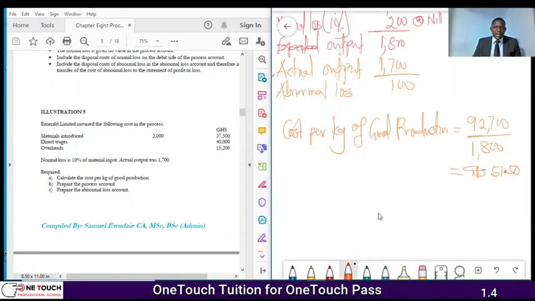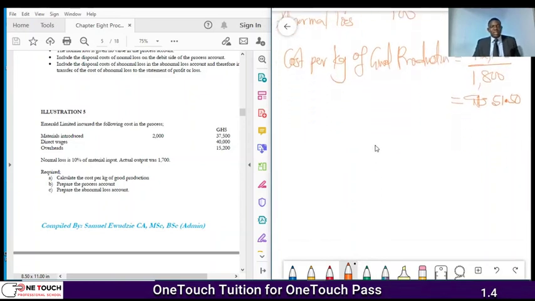So now let's look at how we go about this. So we have our process accounts.